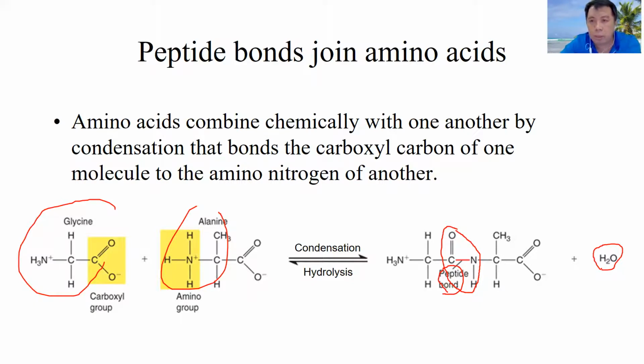This reaction is reversible, so it can be catalyzed by protease to hydrolyze this dipeptide into two amino acids.